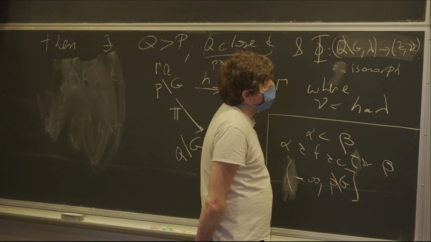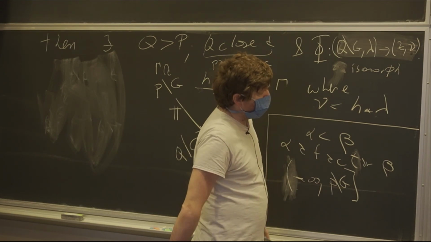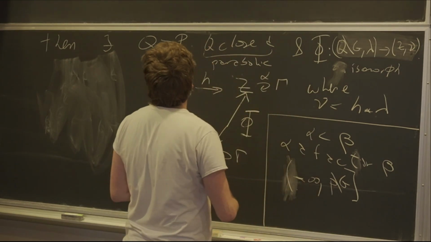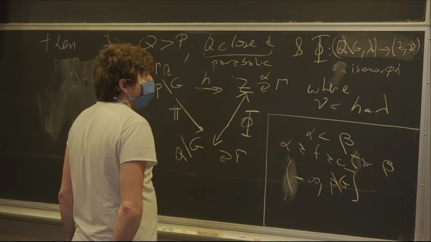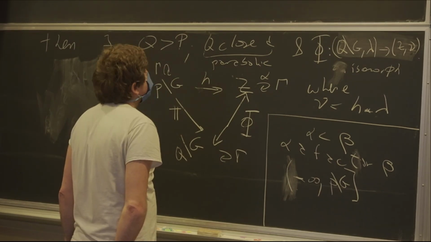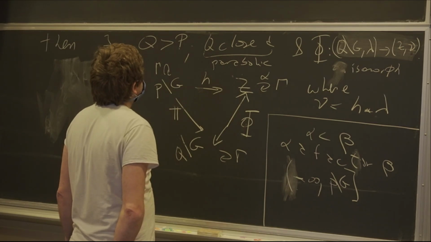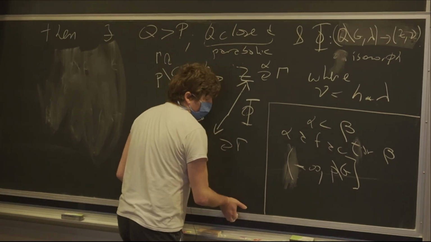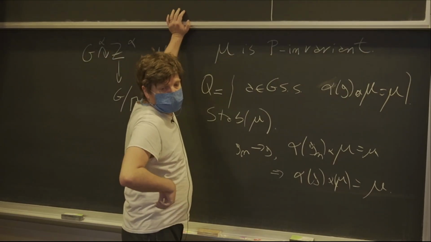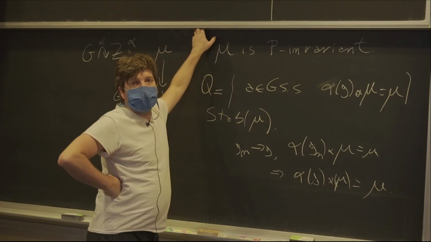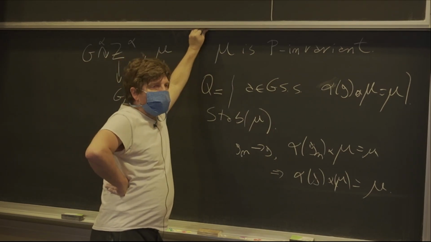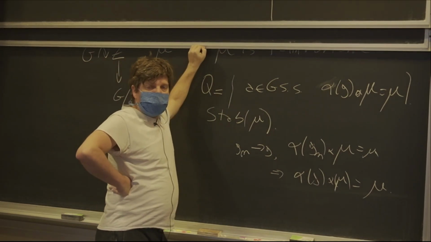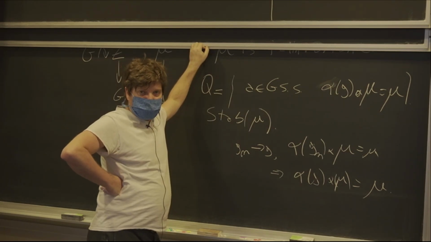So let me try to draw the picture and see if I can convince you how we are supposed to prove this is one-to-one. Okay, let's move up there. As a stabilizer for some flag as well, like we did before. Well, actually, we will go into that now, but you don't know yet what the flag is or anything like that.